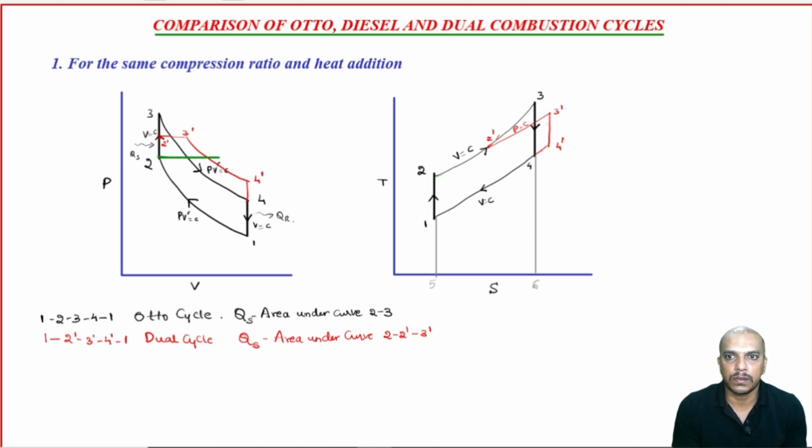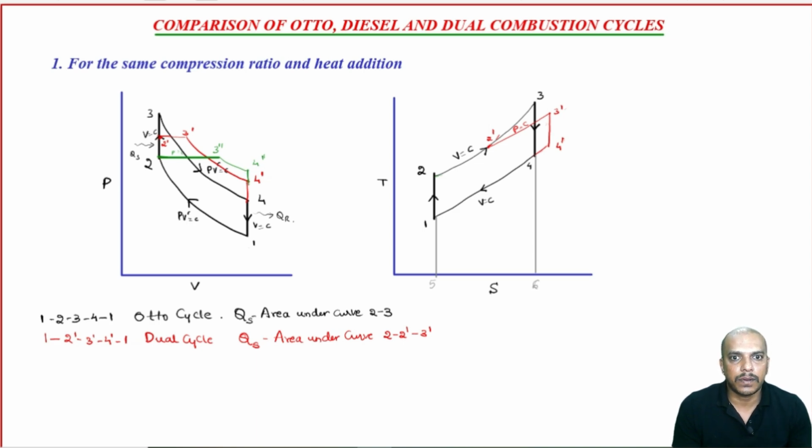So, this is a constant pressure process. Then again it is parallel to this line. This will be 4 double dash, this will be 3 double dash.